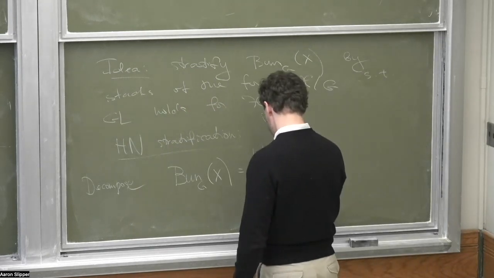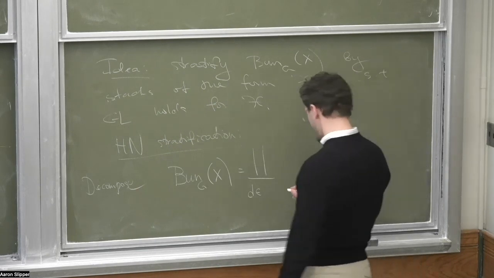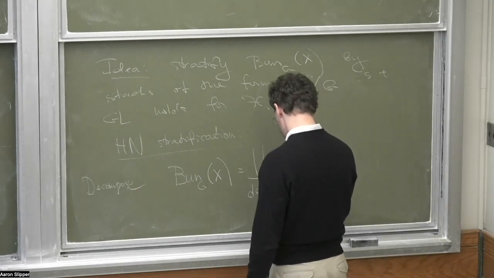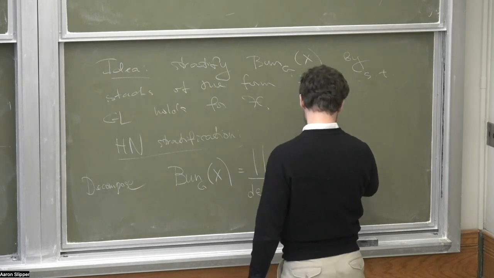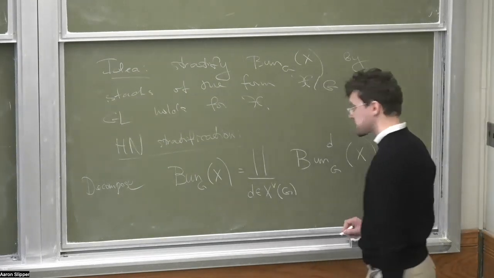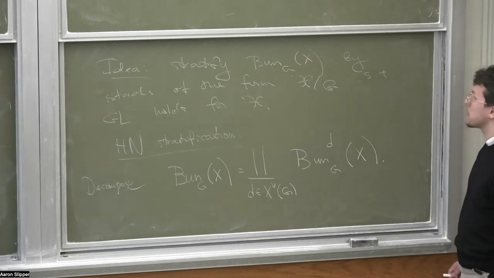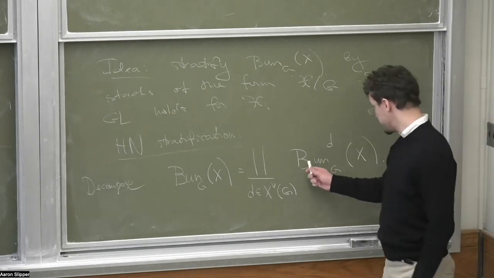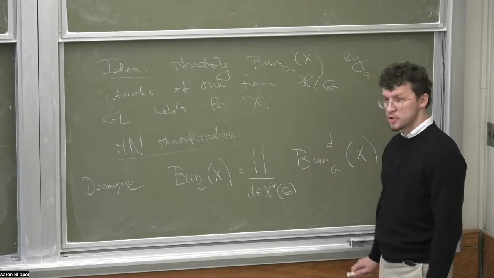So I'm going to take the disjoint union over all elements in the homology classes, and I'm going to denote it like this: Bun_G^d, the G-bundles of degree d. So there is a disjoint decomposition like this. What Behrend proved was that the Grothendieck-Lefschetz formula holds for each of them.